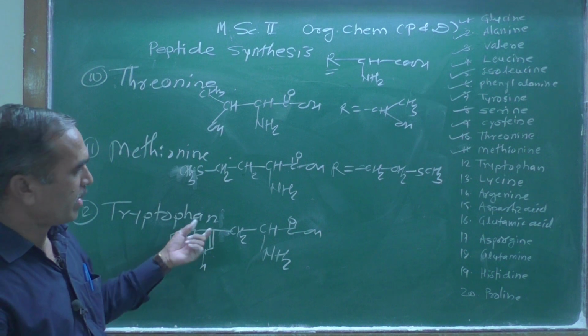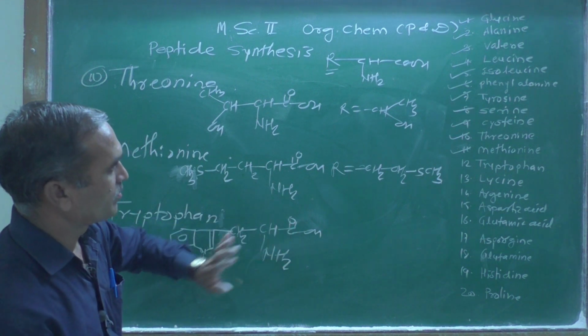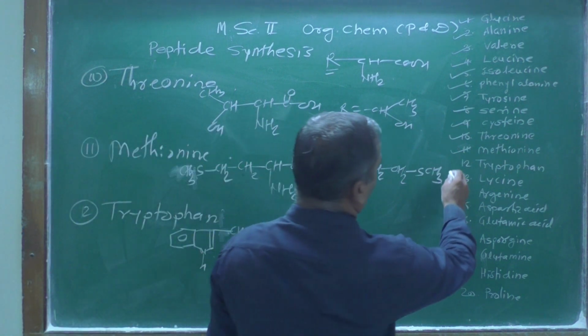This indole moiety attached through a CH2 group is known as tryptophan.